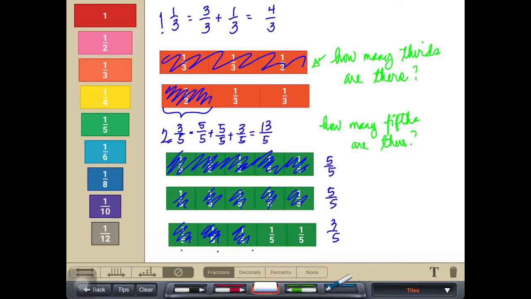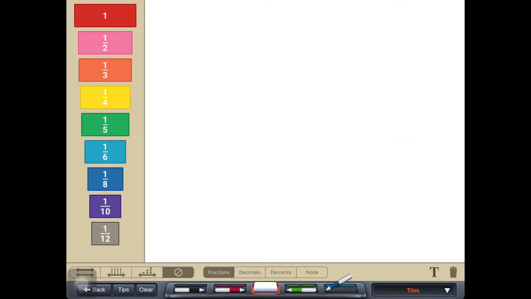Alright, let's now proceed to turning an improper fraction into a mixed number. So let's start with this example. I want to turn 4/3 into a mixed number.